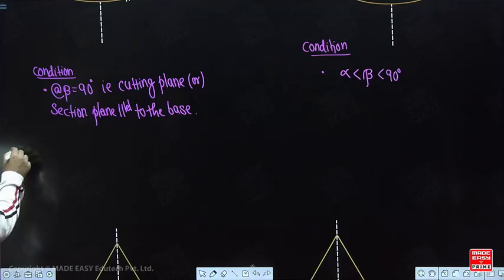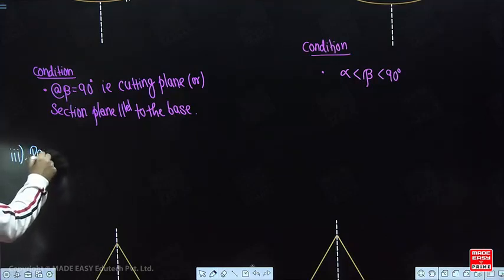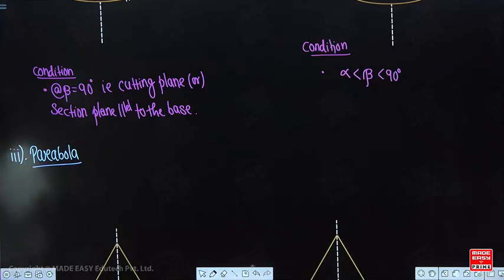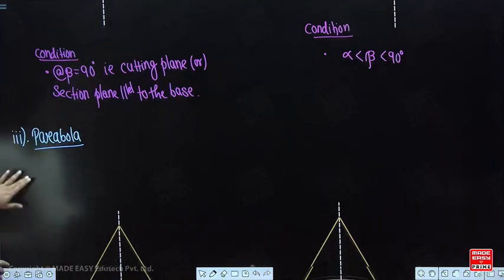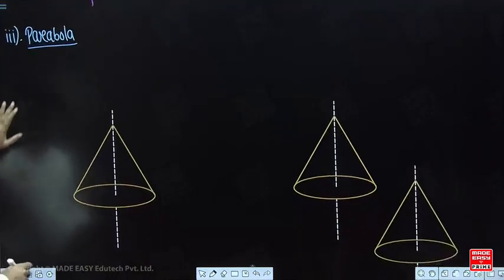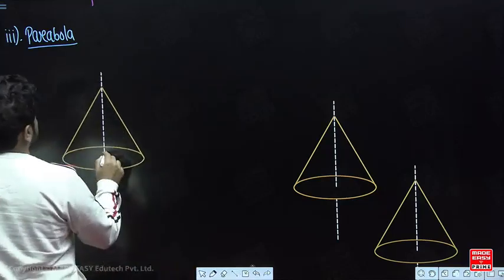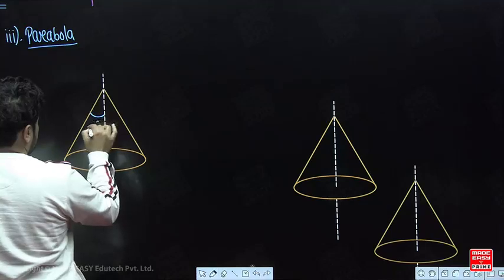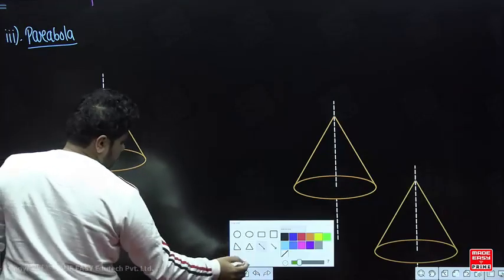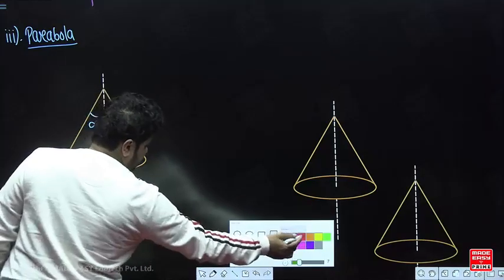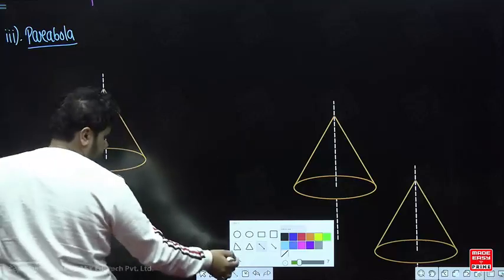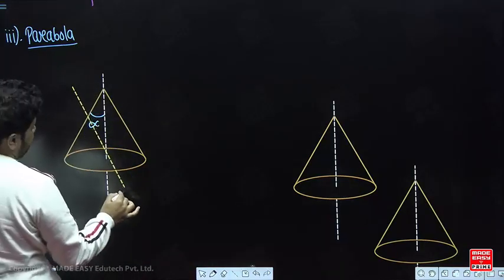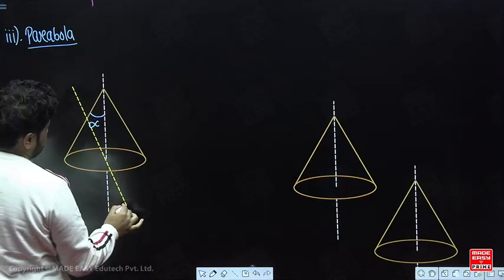Third, parabola. Correct? This angle is your alpha. Now for parabola, see, you have to make a line parallel to one of the generators, right?